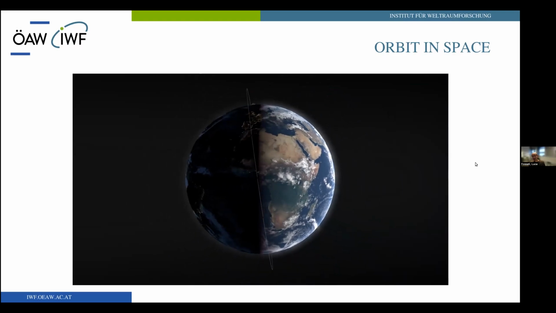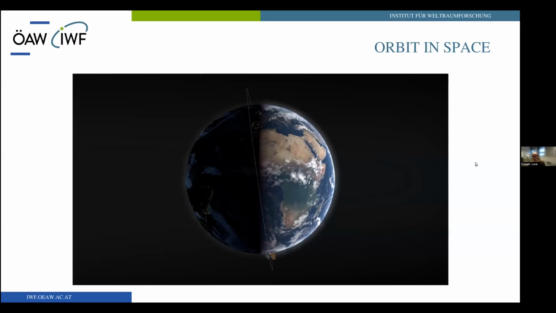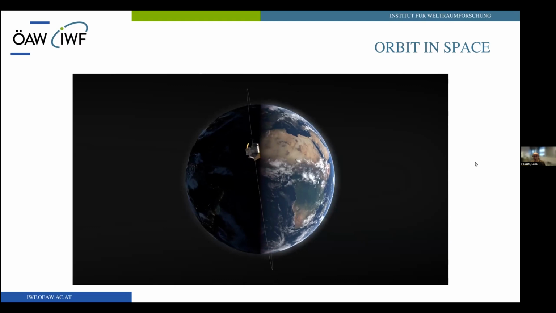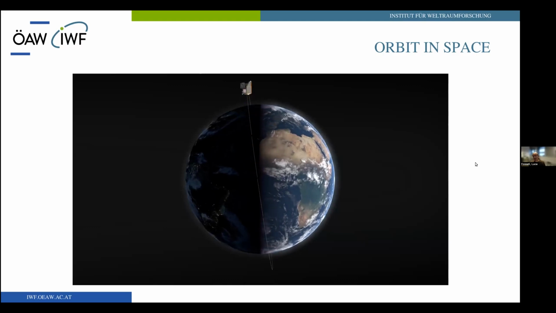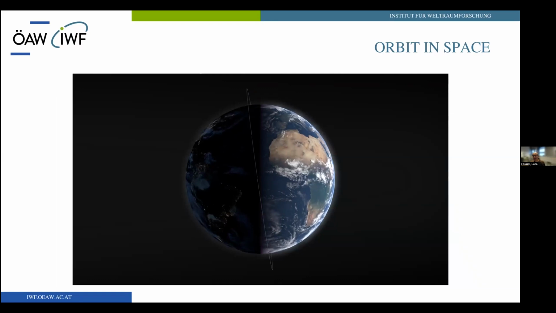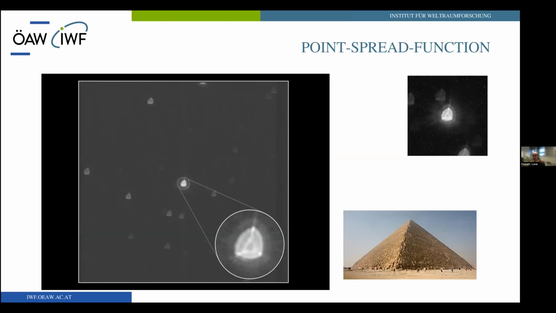At the beginning, we thought that might have caused problems, because that might have caused systematics, and indeed it does. It causes systematics in the light curves, but the very nice thing is that this systematic has a very specific time scale, and that's the one of the orbital period of CHEOPS around the Earth.